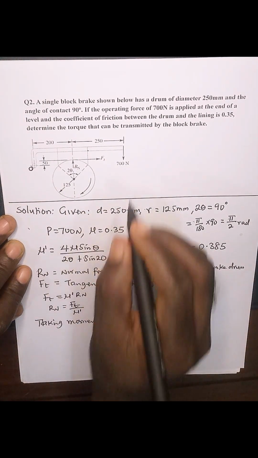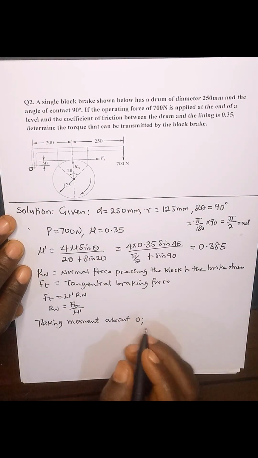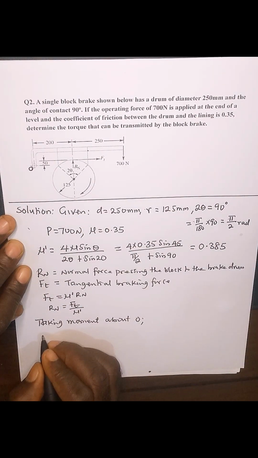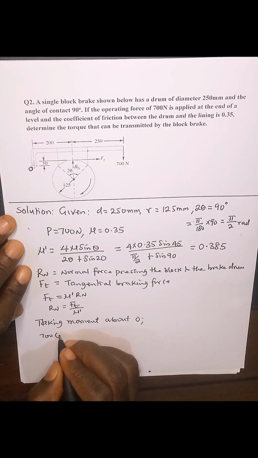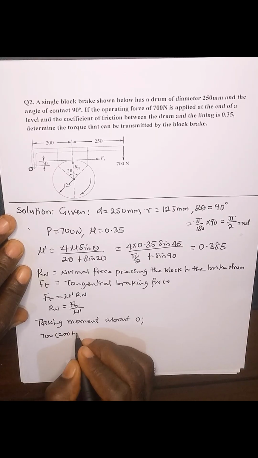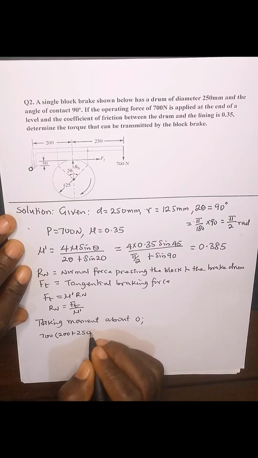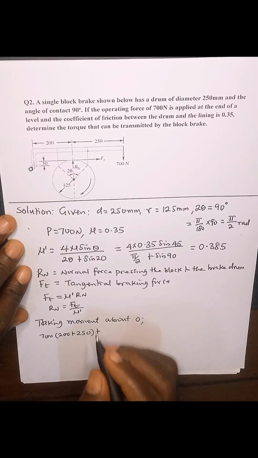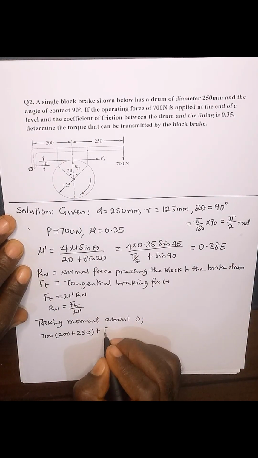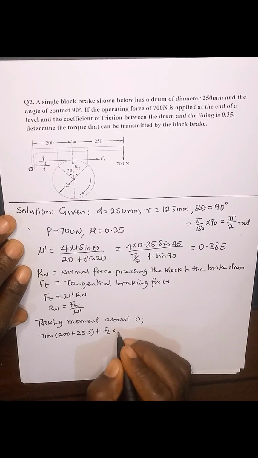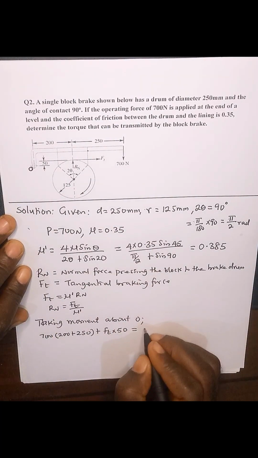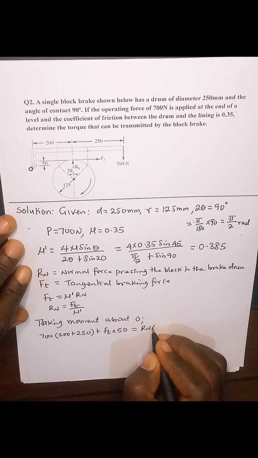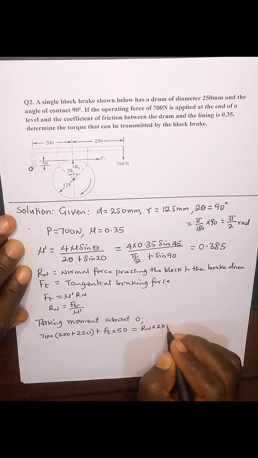Therefore, the clockwise moment that we have here is 700 multiplied by its perpendicular distance from point O, which is 200 plus 250, then plus the other clockwise force, which is Ft, multiplied by 50, then is equal to the anti-clockwise force, which is Rn, multiplied by 200.